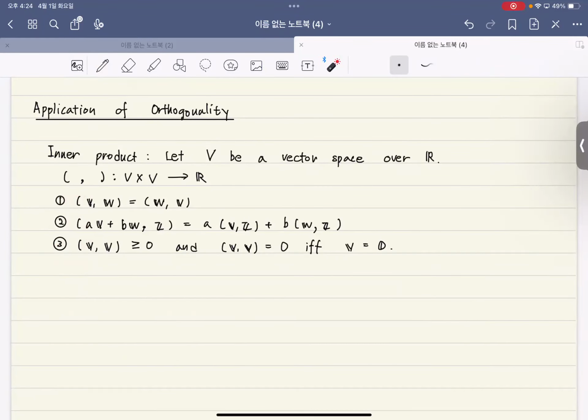Once we have this abstract inner product, I am ready to give you the definition of the inner product in the vector space of functions.